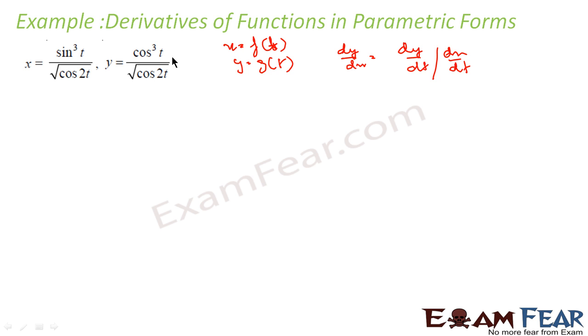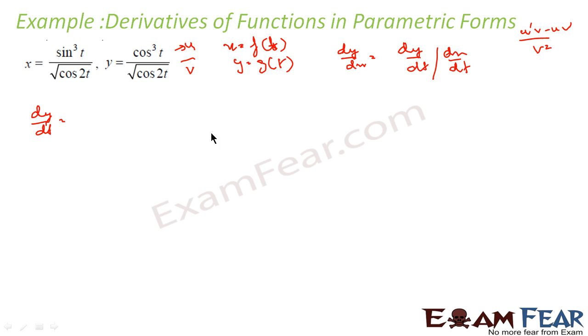So my y is equal to this. This is the u by v form. So my dy by dt will be nothing but v square in the denominator, and u dash v minus uv dash in the numerator.